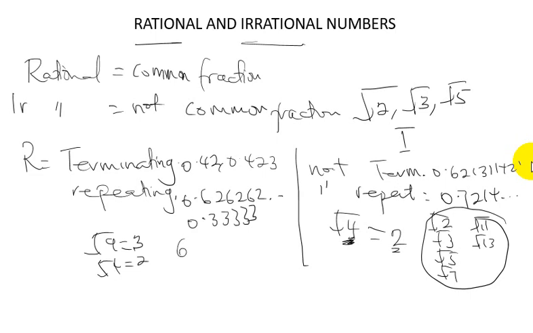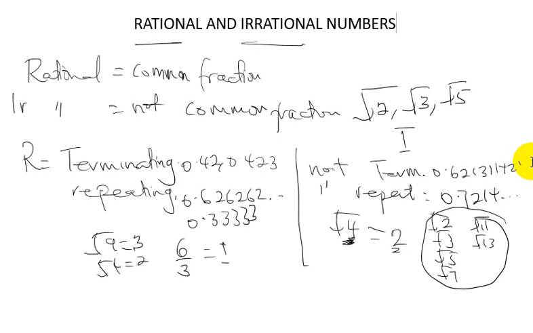The same way, if I have 6 over 3, I can't say 6 over 3 is a rational number. It will be for irrational. So that is how it goes on and on.